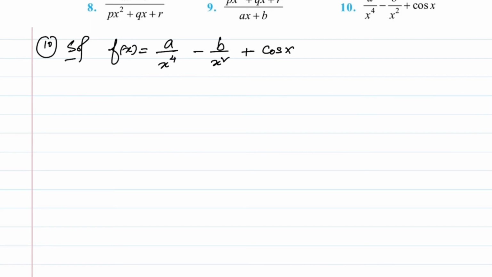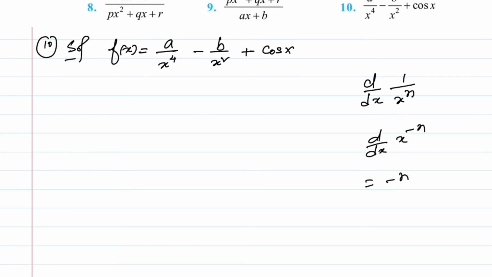So before we solve this, let me tell you one thing. Remember this one, it will help you to solve this. Derivative of 1 by x to the power n, which can be regarded as derivative of x to the power minus n.